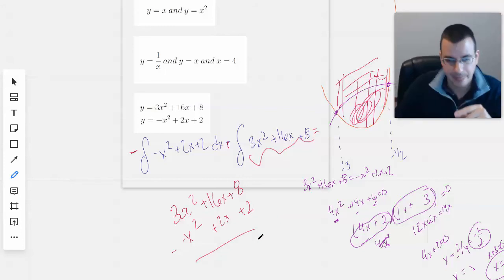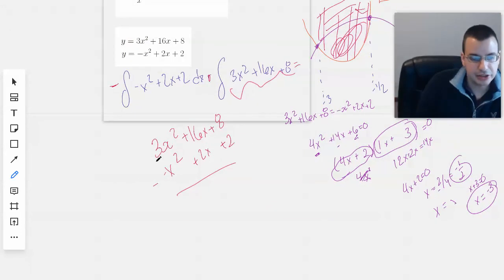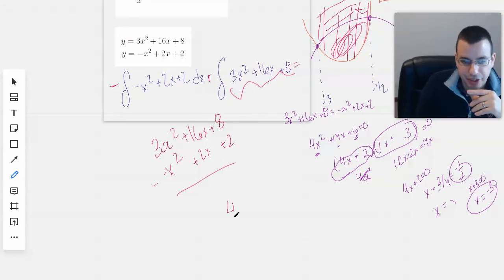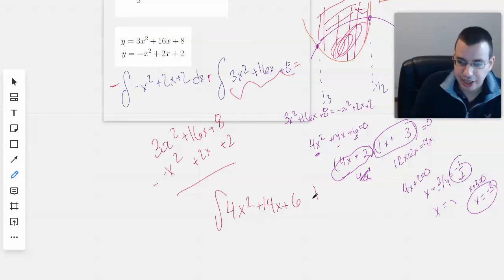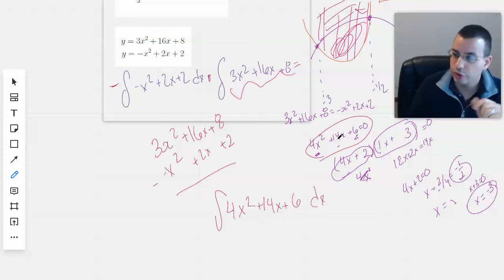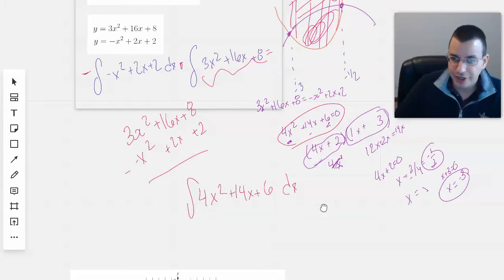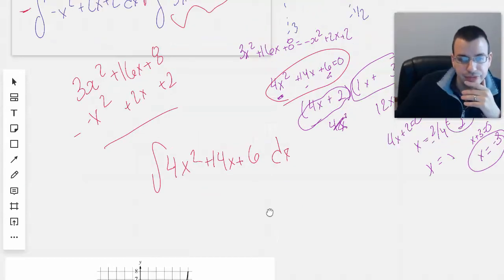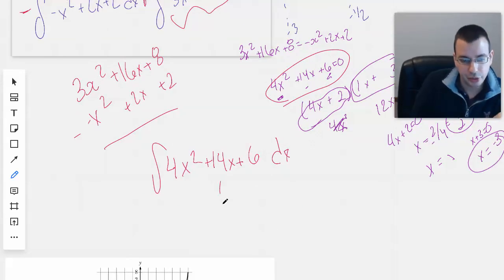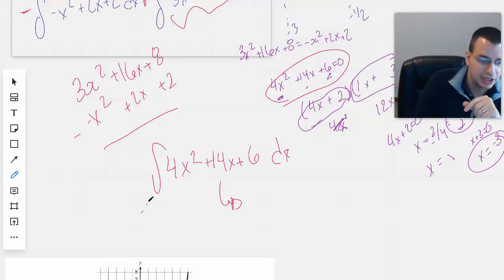Okay. And then the double negatives cancel, we get 4x squared plus 14x plus 6, because we distribute the negative sign. Integral dx. And that's the same as what we did for finding the roots. And we have our limits of integration, negative 3 to negative 1/2.